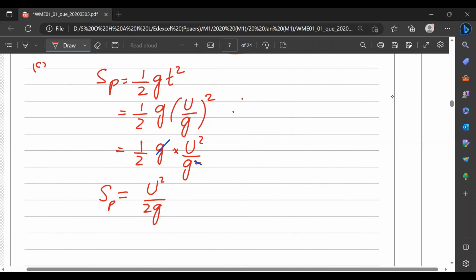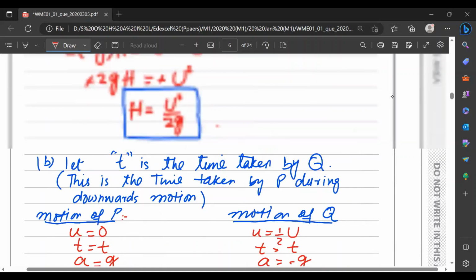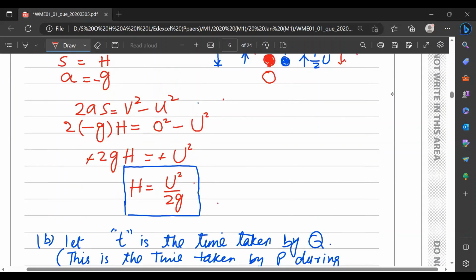Oh, this is an interesting point here. U square over 2g was the maximum height.